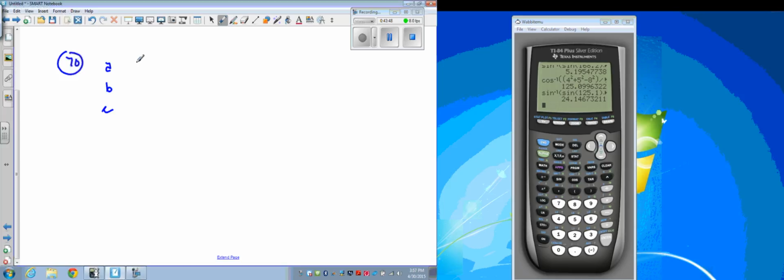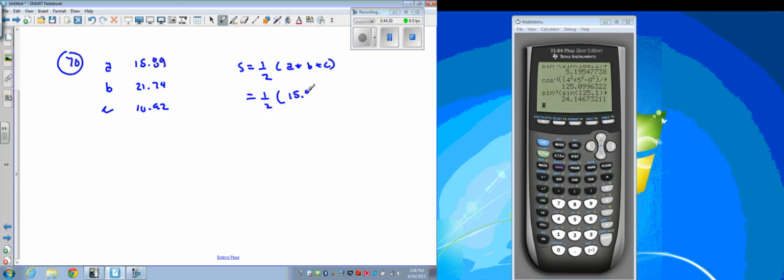So this is 15.89, and 10.92. So that small s is 1/2 of the sum of a plus b plus c.